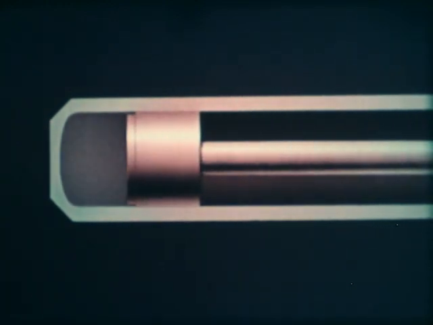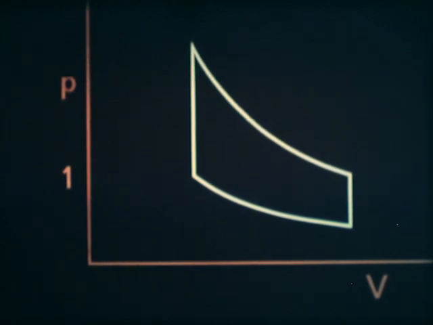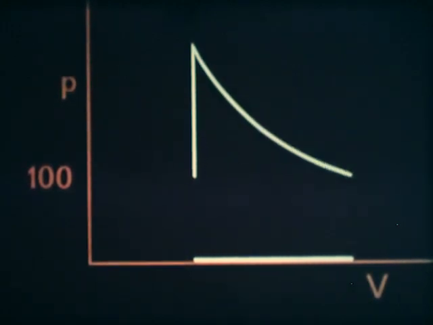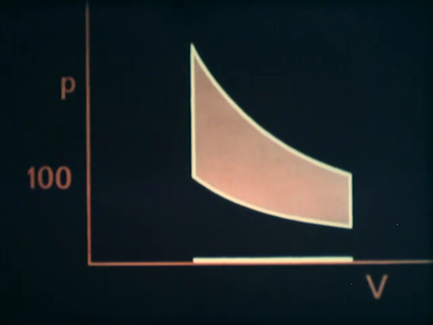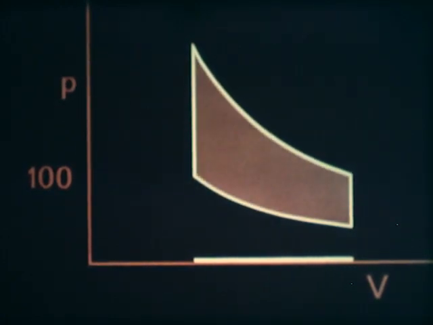To show this on the PV diagram, the pressure scale has to be condensed. In this case, the cycle starts with a pressure of 100 atmosphere. The area, indicating the energy per cycle, has increased so much that in this new scale the original area can hardly be seen.